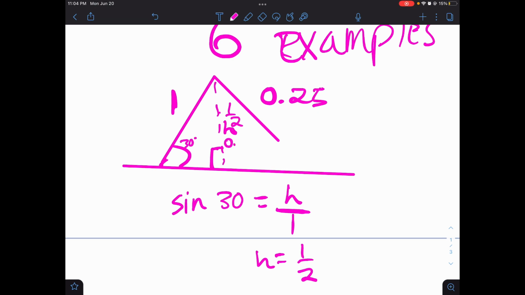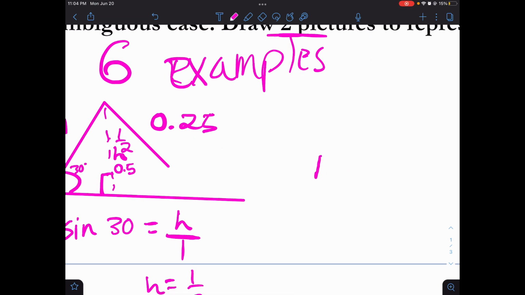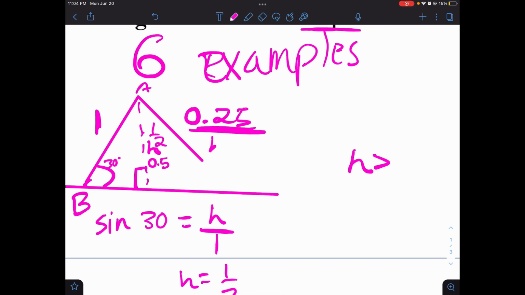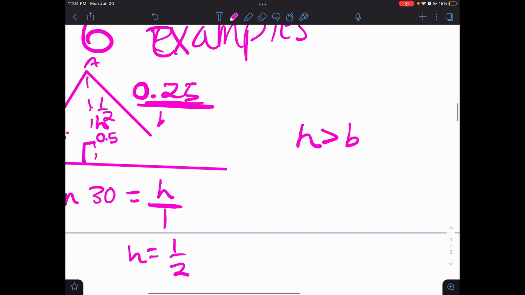And 1/2 is 0.5. So 0.25 is less than that, so we have that h is greater than this value, which let's just say this is big B, and this is little b, this is A. And that is no solutions.